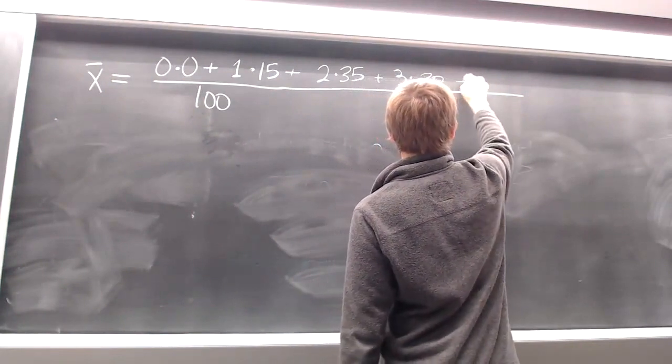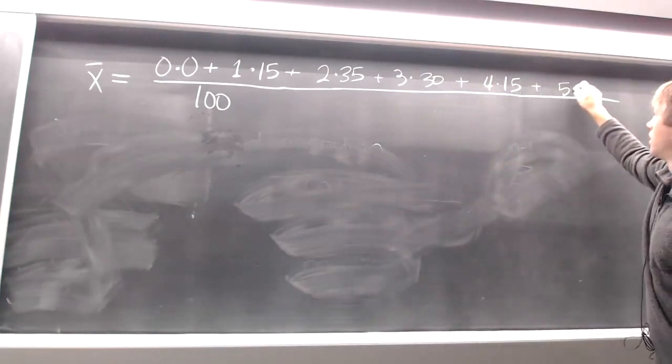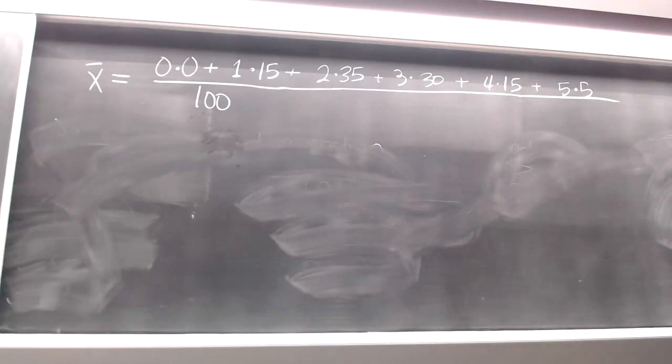Thirty people who said 3. 15 people who said 4. And 5 who said 5. Right? So note that these frequencies add up to 100, right? So you should be thinking of, among your 100 numbers, 30 of them are 3s, right? Any questions about that? Okay. And I think if you compute this, you end up with 2.6.